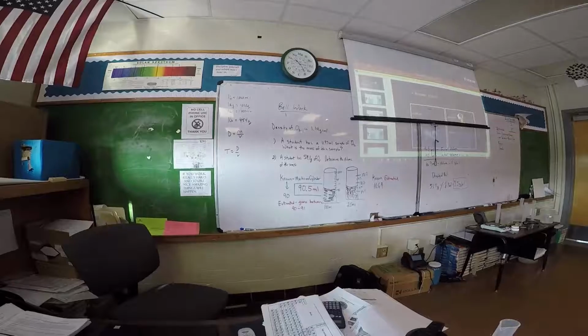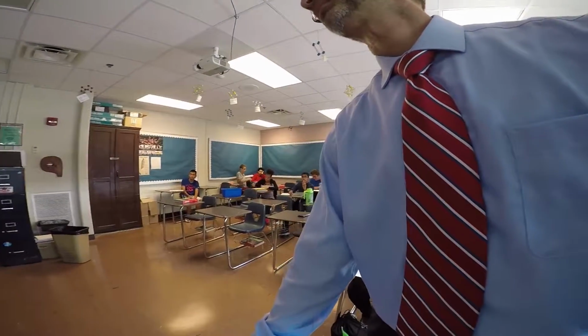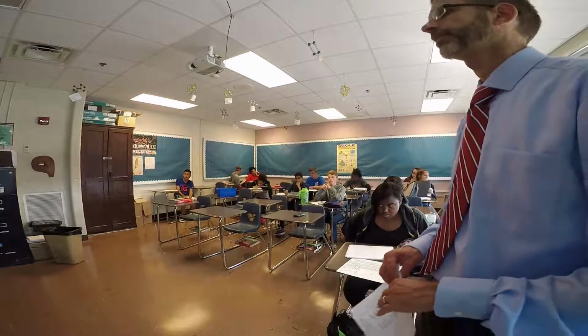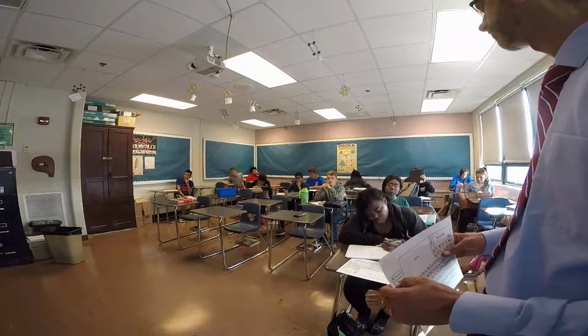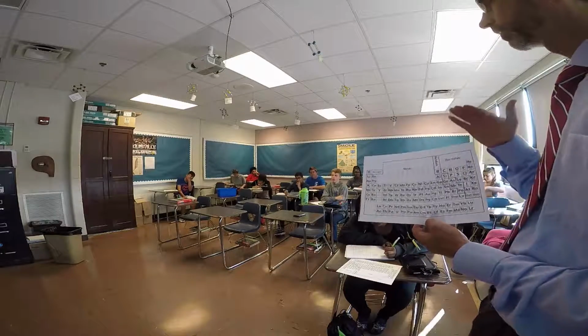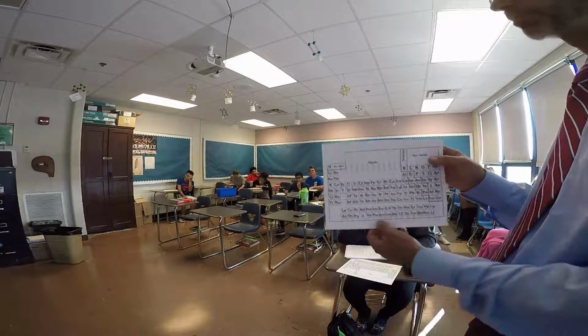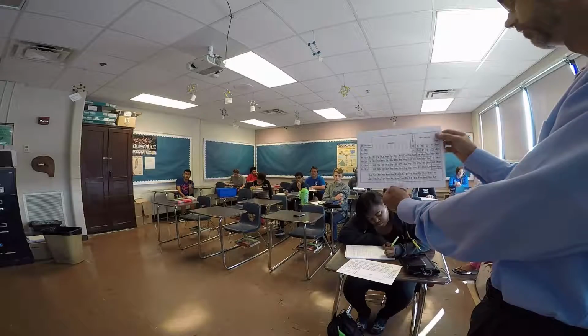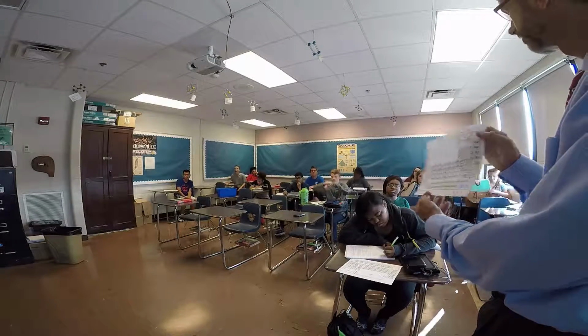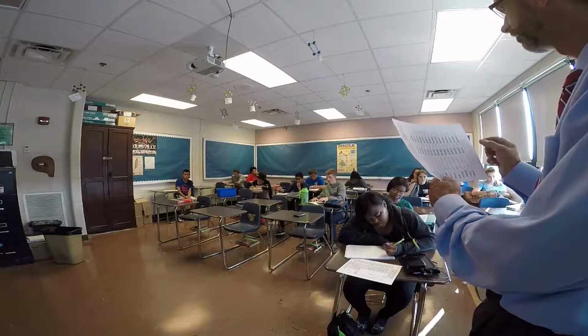Bell work today, density of oxygen. Now we're going to do a mini lab in here on density using the water displacement method, but while we kind of divide the class, I'm going to have part of the class coloring this, metals, non-metals, and the metalloids.